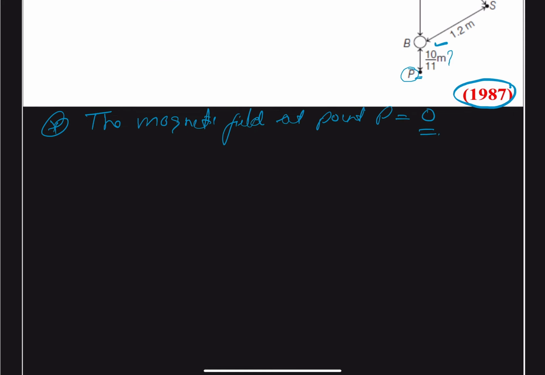and from this we can make a conclusion that the magnetic induction at point P because of the two wires A and B should be equal and opposite.